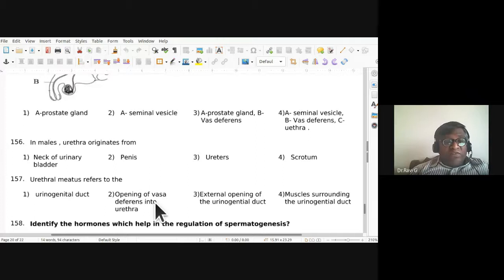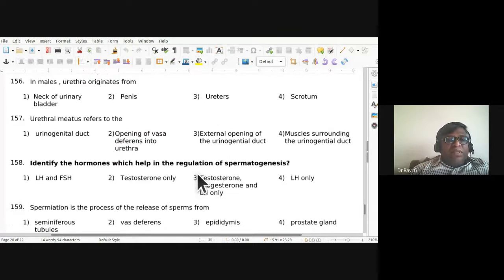Opening of vasa deferens into urethra, external opening of the urinogenital duct, or muscles surrounding the urinogenital duct? So what is the answer for this? Urethral meatus refers to the external opening of the urinogenital duct. So 157th, third is the correct option. We call it urethral meatus.